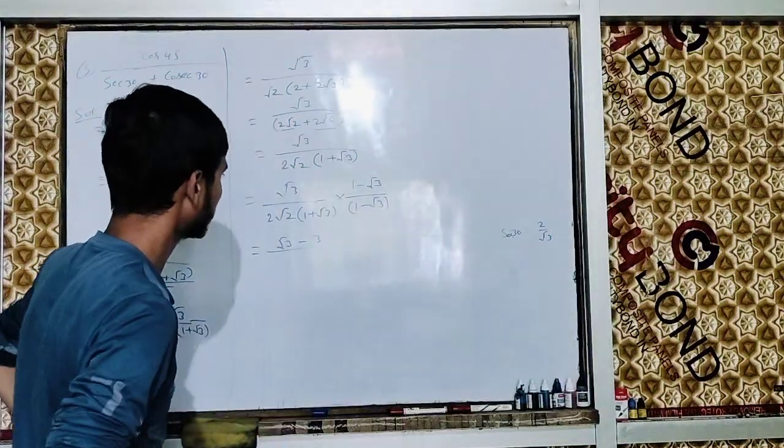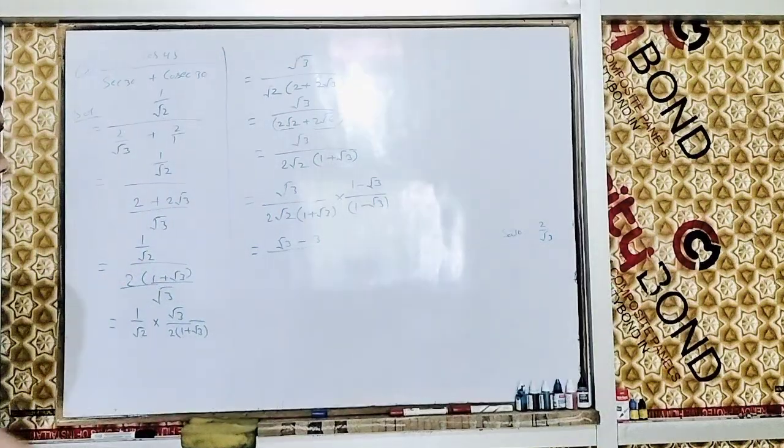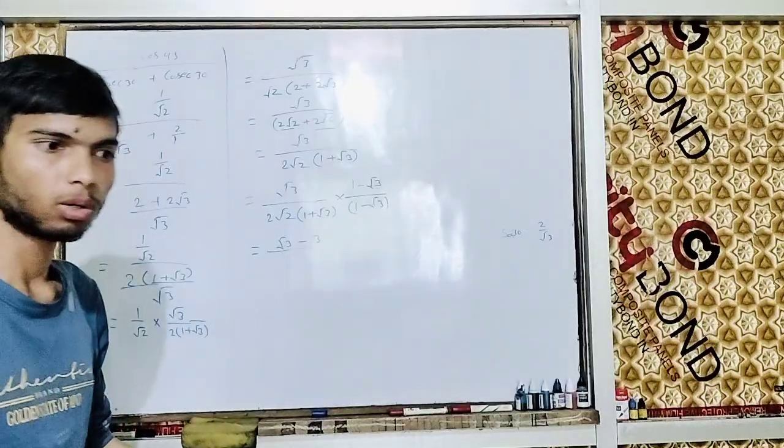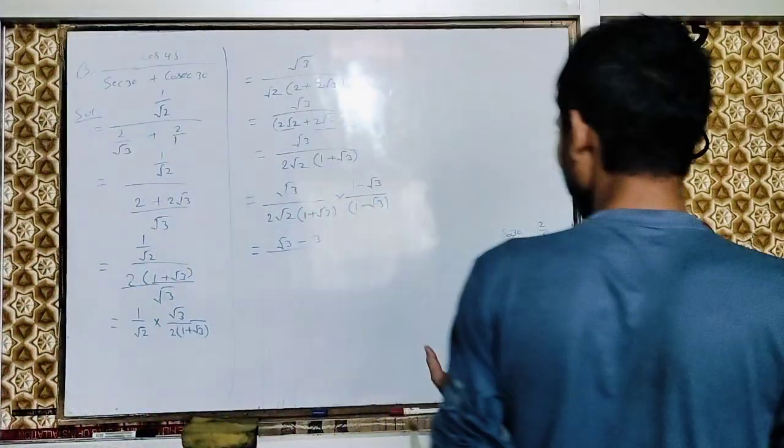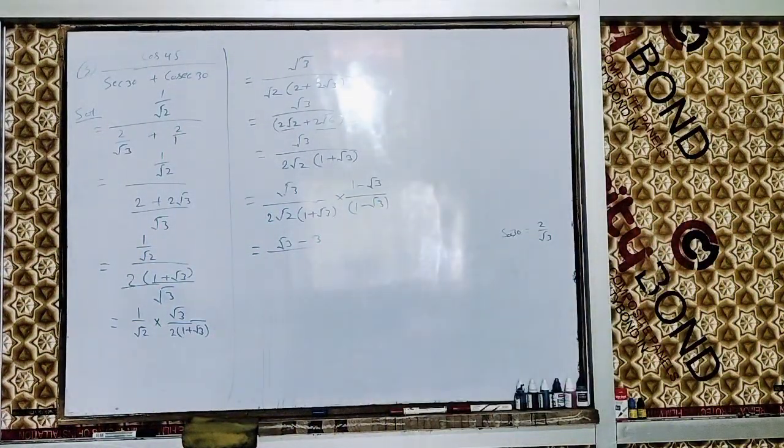What is happening over here? This downward denominator is looking difficult. Can you solve this denominator?